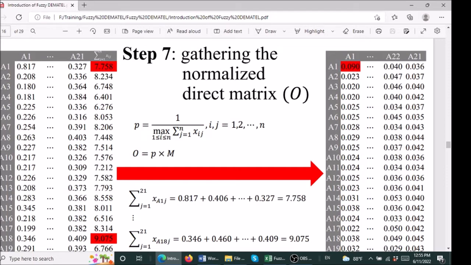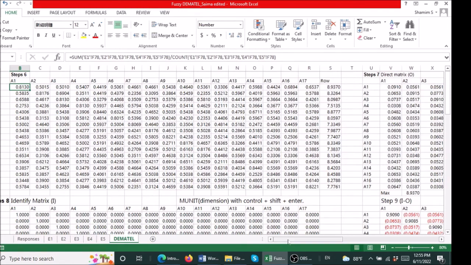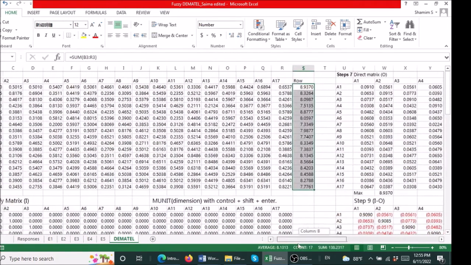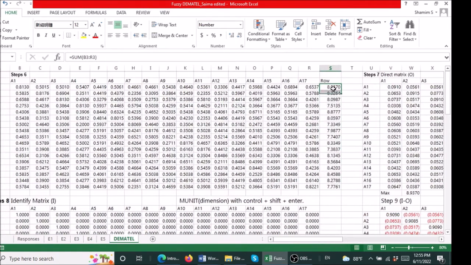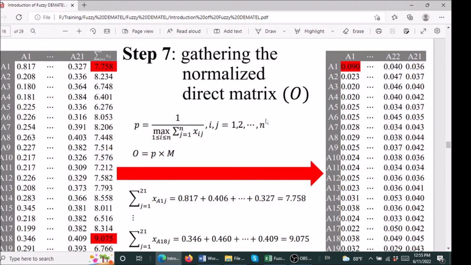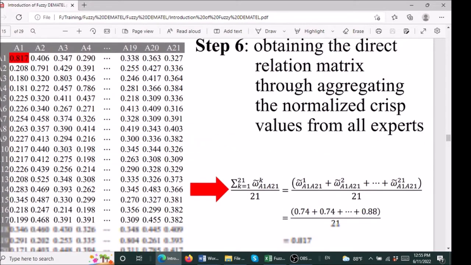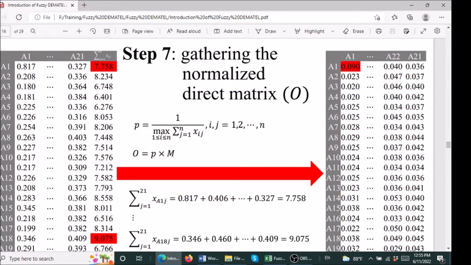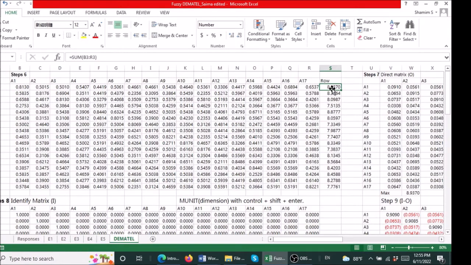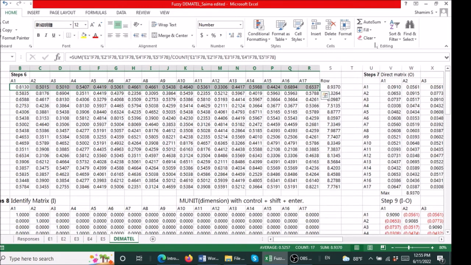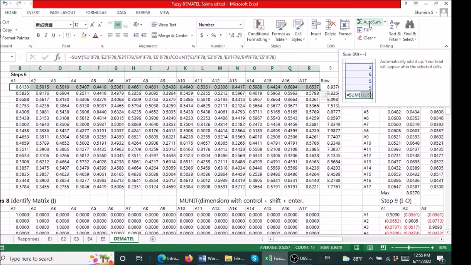To get this, we have to calculate the summations of all values of a row. So we have to create the sum functions by using the auto sum function.